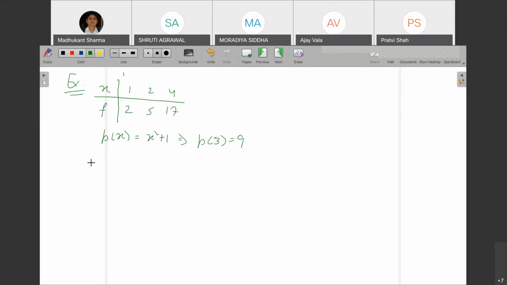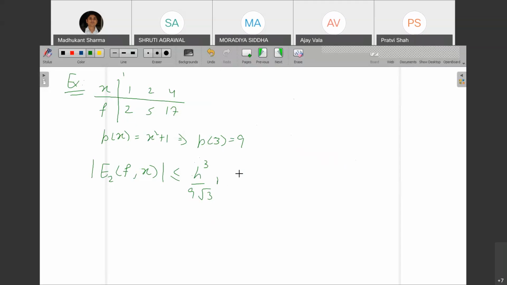Now if you try to identify the error bound in quadratic interpolation, we have derived that it is less than or equal to h cube by 9 root 3 times M3.